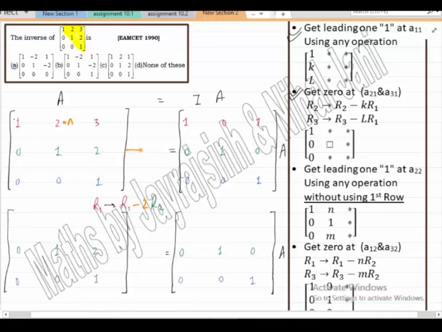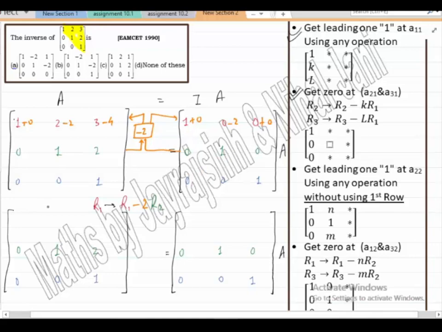The first row will be obtained by multiplying minus 2 to the second row, and then let's add it to the first one. So we'll get 0, then minus 2 and minus 4. Same thing on the right side will give us 0, minus 2 and plus 0. Actually, originally we have 0 over here, right?